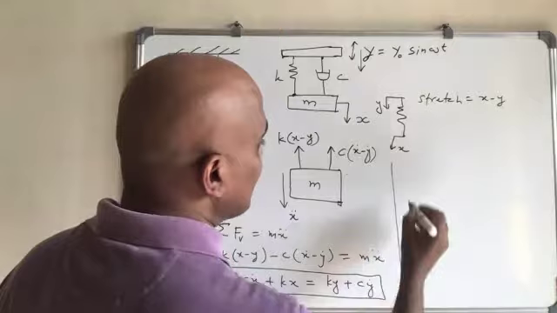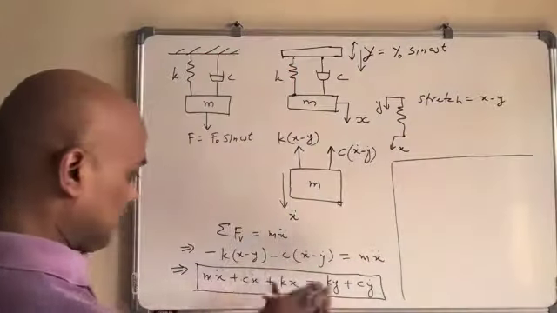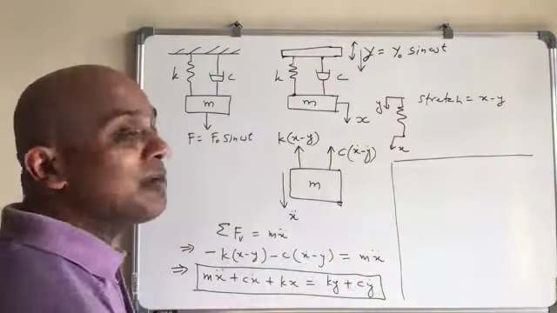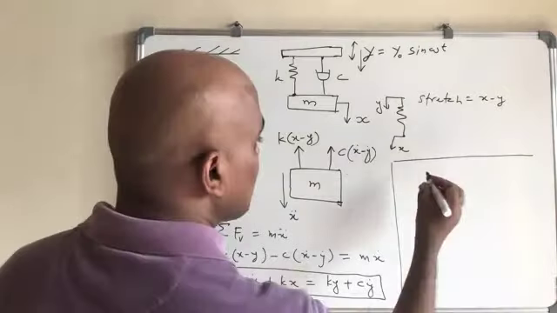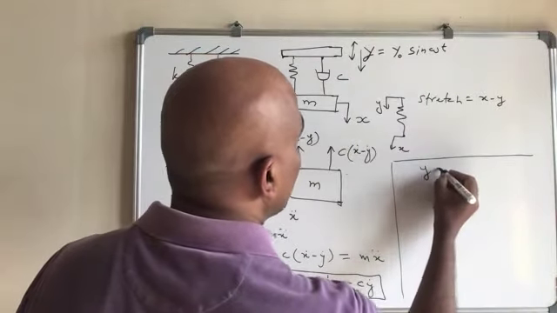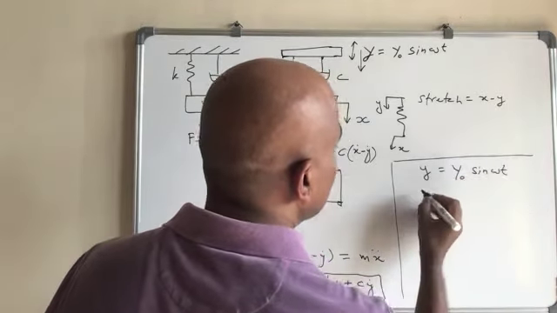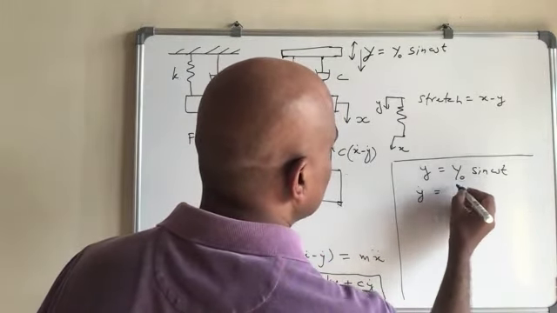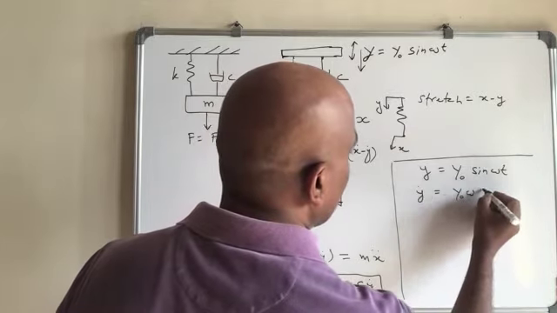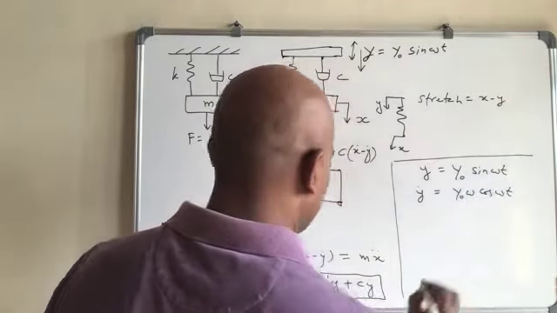So we can specifically write ky plus cy dot in that case. Since y equals y naught sine omega t, y dot is equal to y naught omega cos omega t.